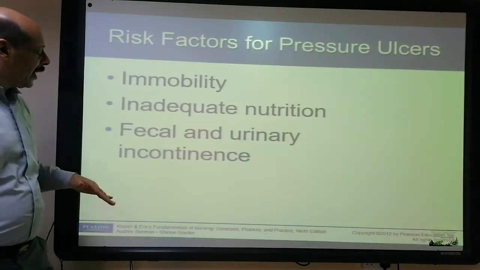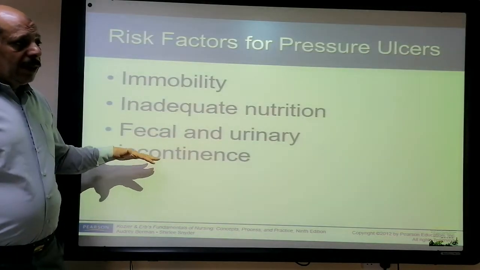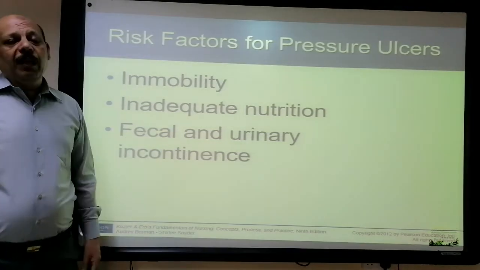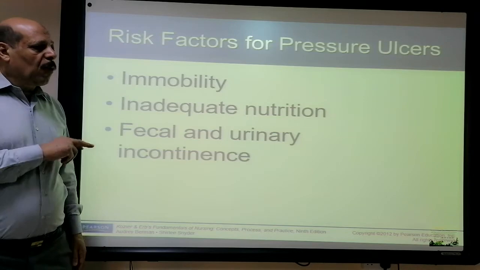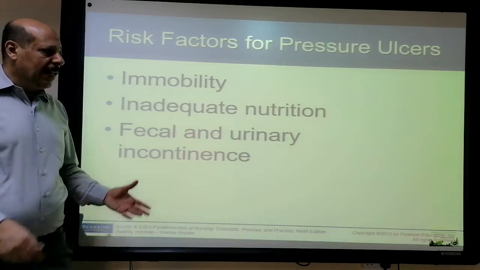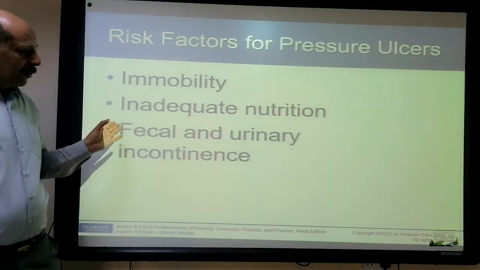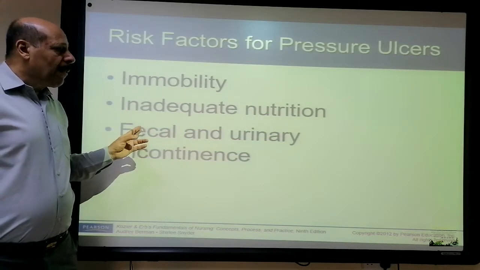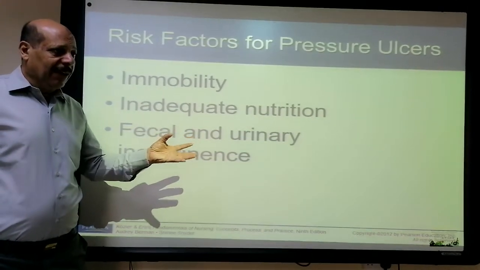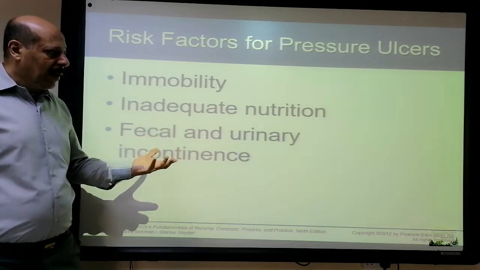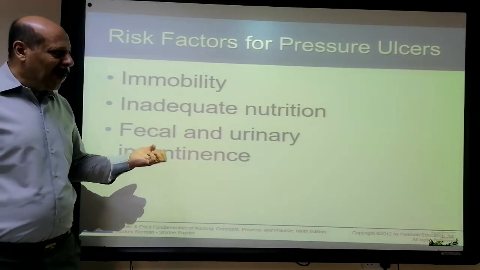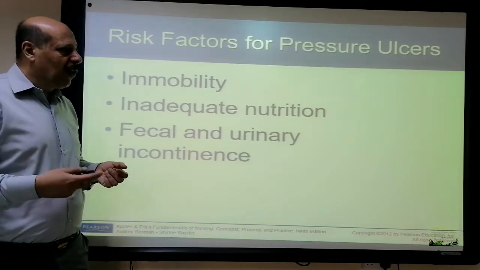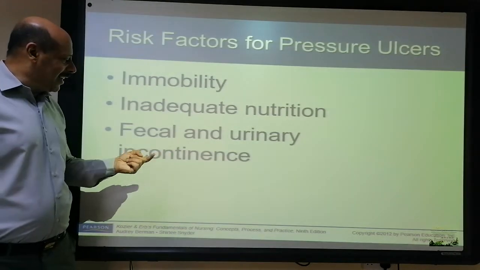Fecal and urinary incontinence. Those who have fecal or urinary incontinence are more prone to bed sores than others because of many factors. One of the factors is the wetness that they have. When the tissue is wet, it will increase the possibility of maceration and laceration.